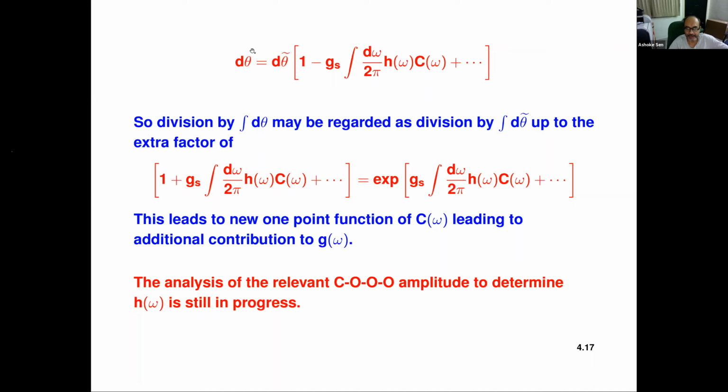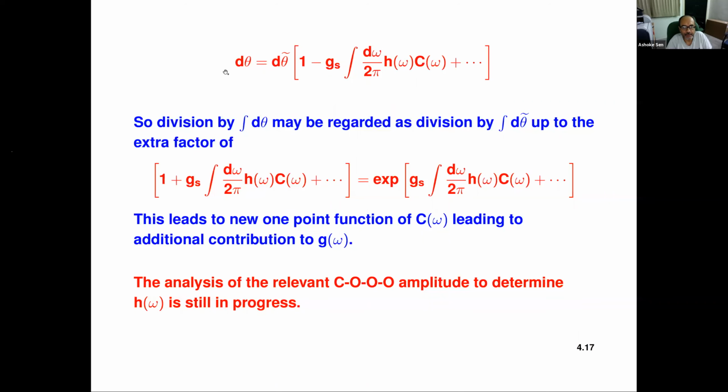This is parameter redefinition, the gauge transformation parameter redefinition. So the open string field theory has a gauge transformation parameter, that is theta, and from conformal field theory you have a gauge transformation parameter, that is theta tilde. And the point is theta and theta tilde are not the same; they are in general related by a functional relationship, and that's what we are trying to look for.